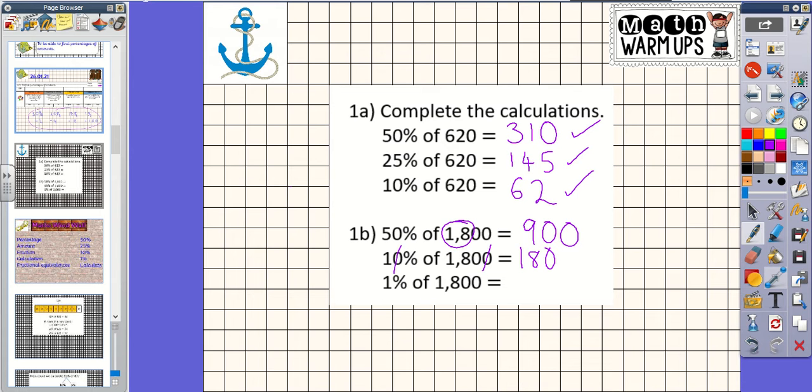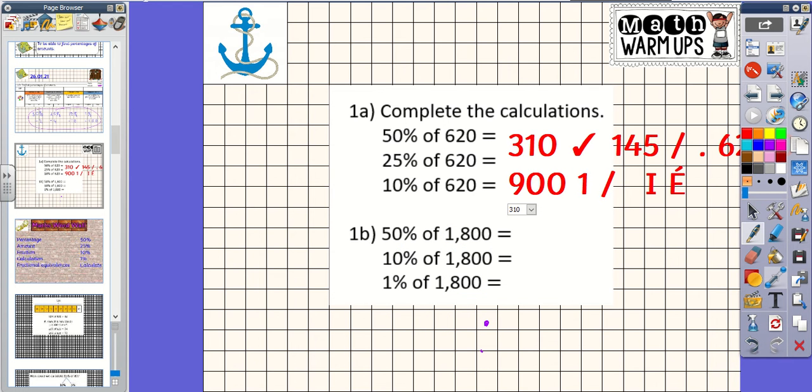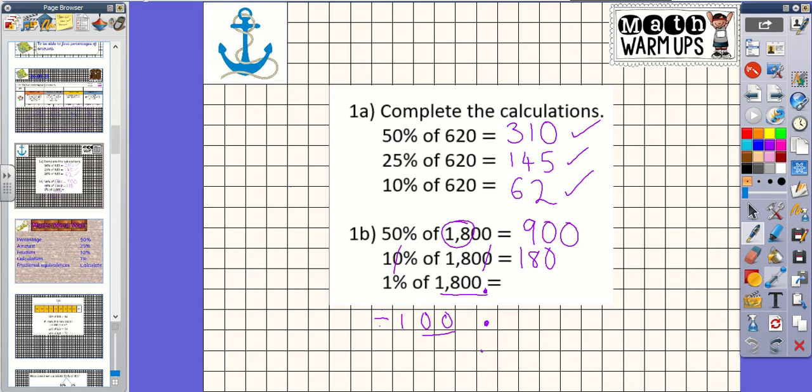And then 1% of 1800, now if I'm not sure, I'm dividing by 100, I'm going to move my numbers 2 places to the right. So my decimal point here, put my decimal point here as well. Here we go, let's try again.